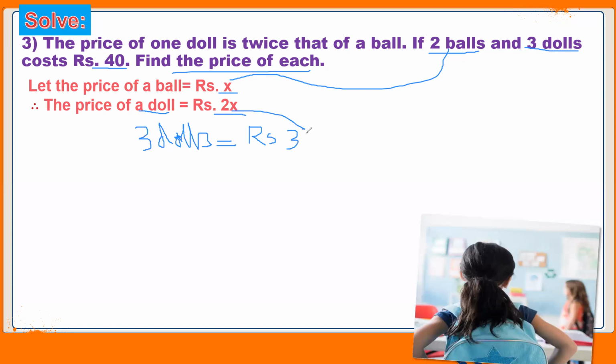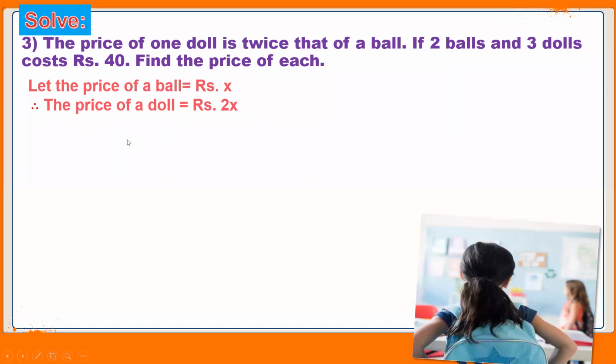So we get 3 into 2x. 3 twos are 6, so 6x. If one doll costs 2x, then 3 dolls cost 3 multiplied with this number. If one ball costs x, then 2 balls cost 2x. In the same way, 3 dolls cost 3 multiplied with this 2x. Clear?